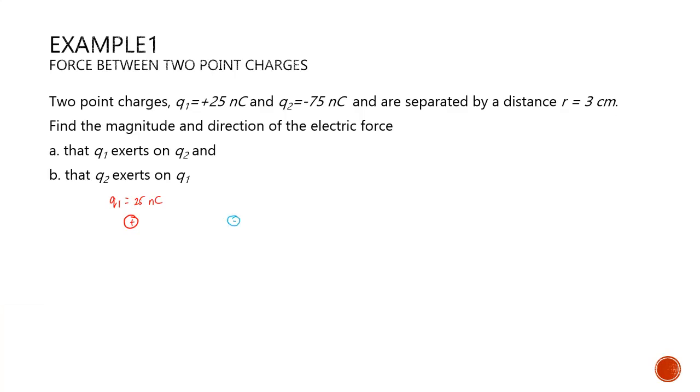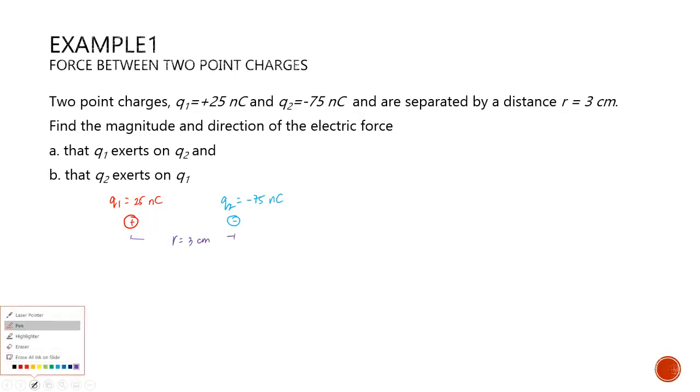Its magnitude is 75 nanocoulombs. The separation distance R is 3 cm. By the way, the separation distance should be measured from the centers of the two particles. Find the magnitude and direction of the electric force that Q1 exerts on Q2 and that Q2 exerts on Q1.